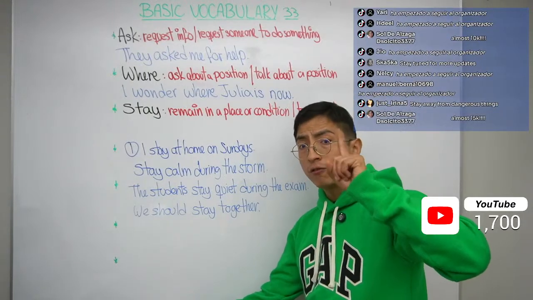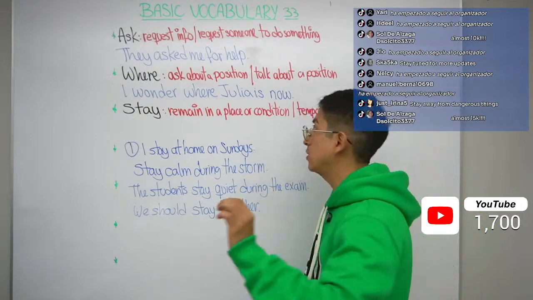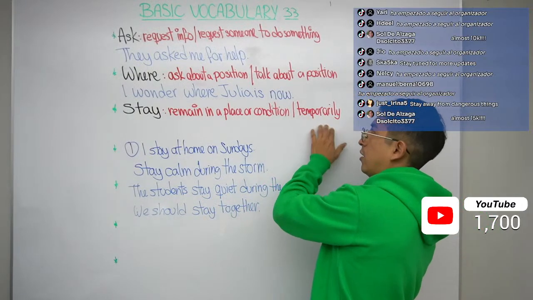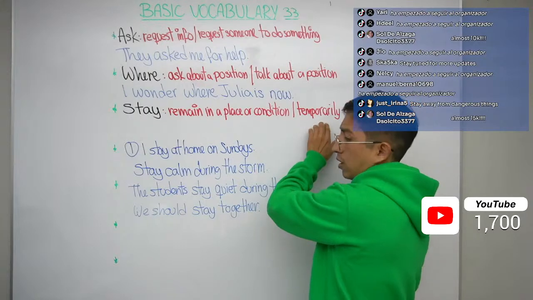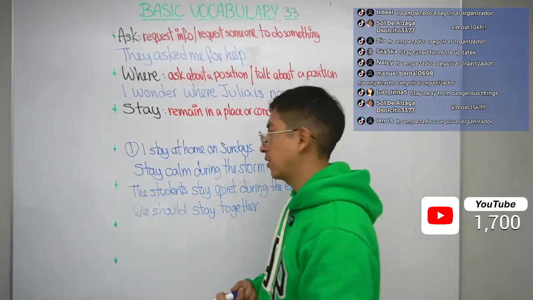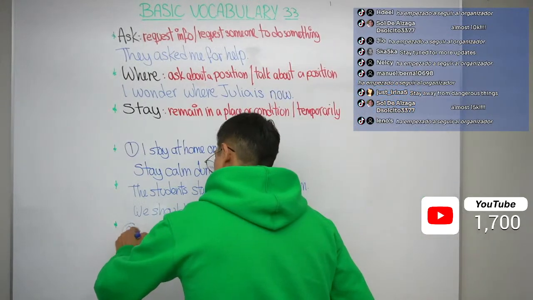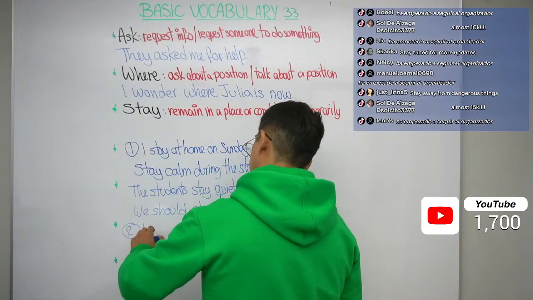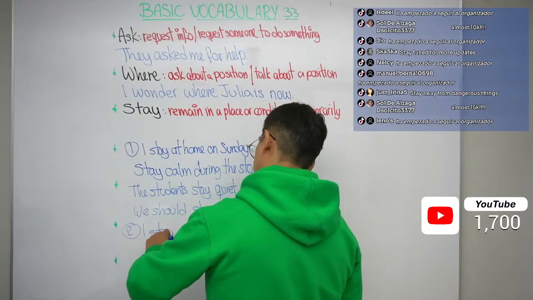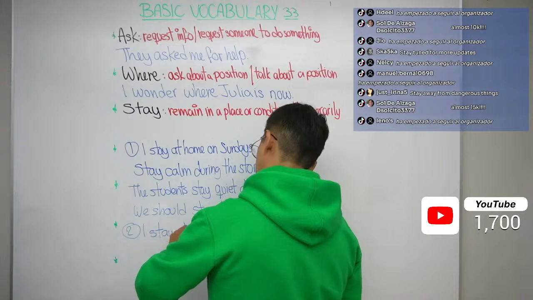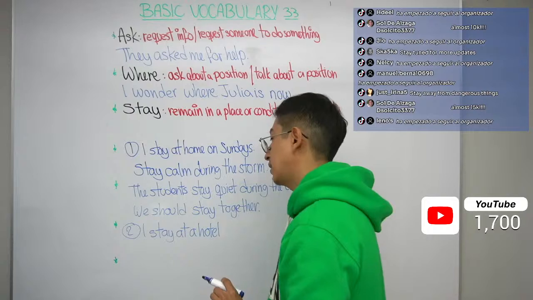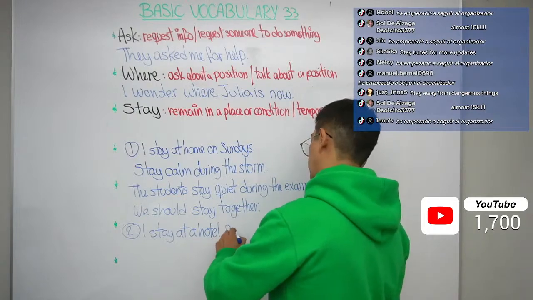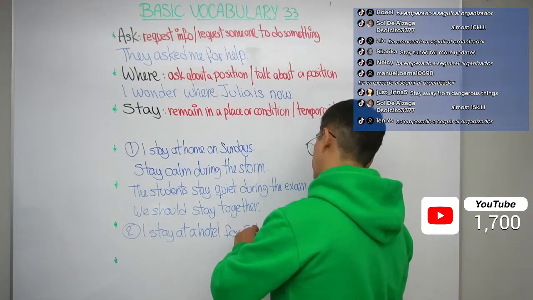That is the first meaning. Now let's continue with the second one. We're talking about living somewhere temporarily. We can say, for example, number two, I stay at a hotel for 5 days.